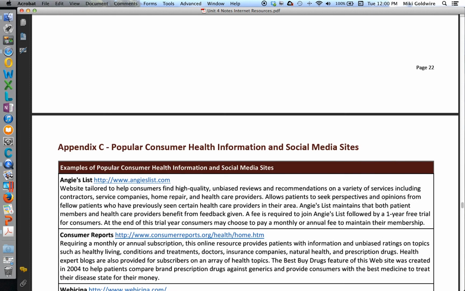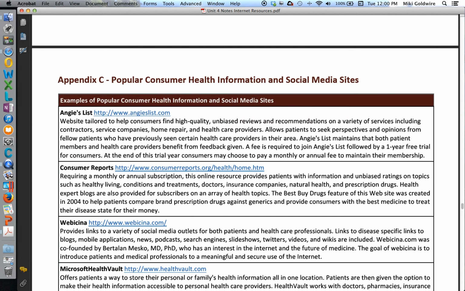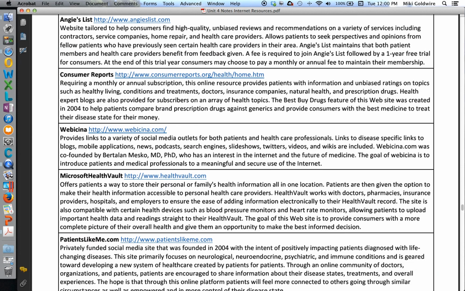Appendix C are popular consumer health information and social media sites. Just a listing of a few sites that I have found patients use.